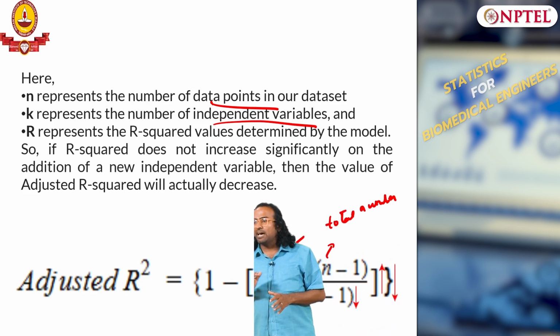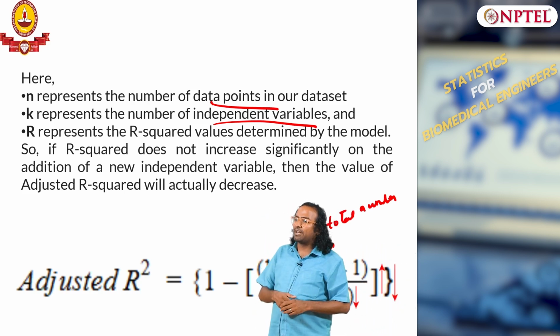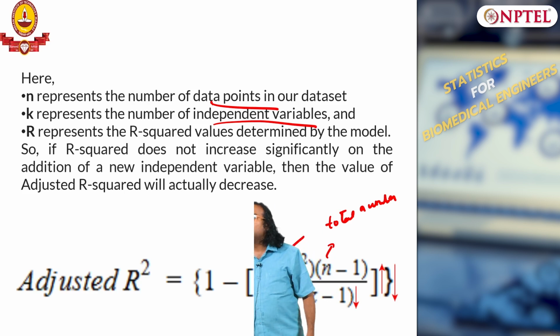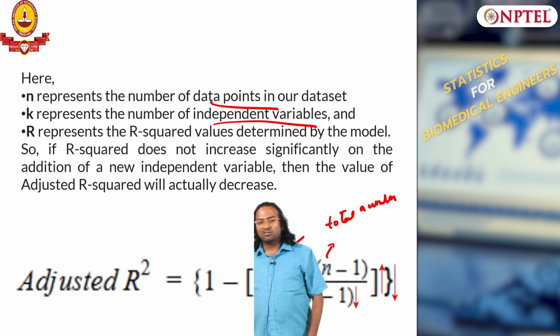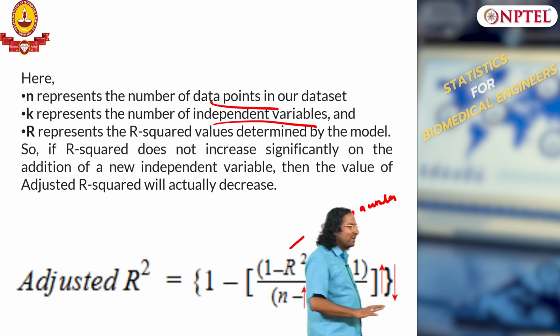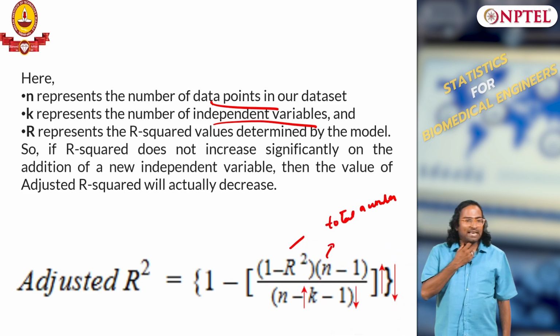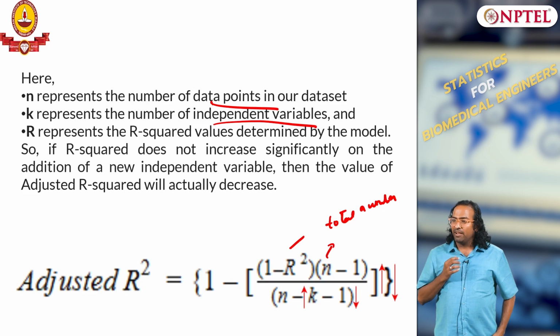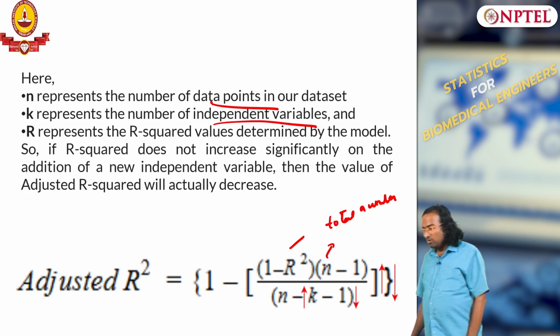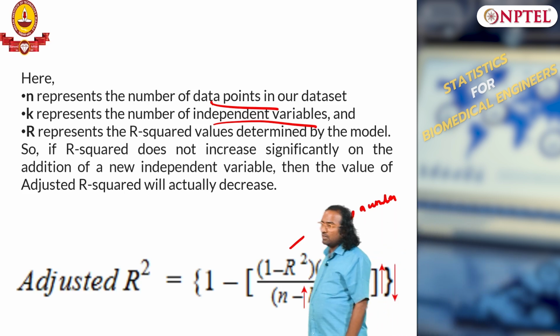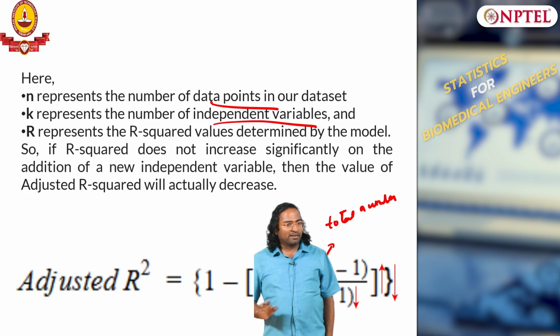It will tell you whether to add a new independent variable into the model or not. Okay. So that is the whole idea behind adjusted R square. Make sense? Everybody? Okay. So that sums up our linear regression and multivariate regression.